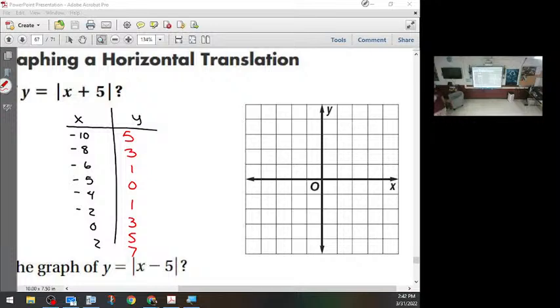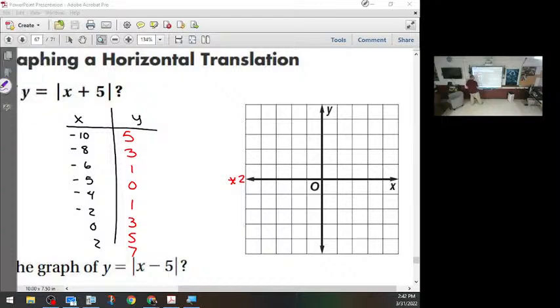Now, do you see why I went by 2's, but I included that 5? All right. My x values are way too big to fit on this graph, so what can I do? I'm going to make this go by 2's.